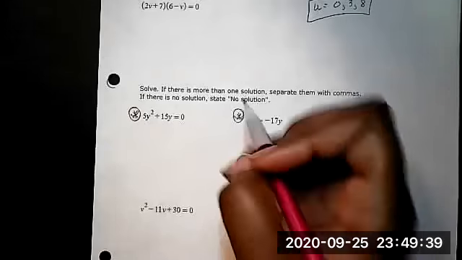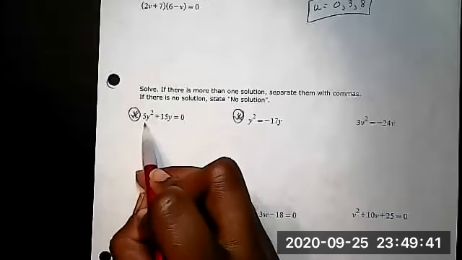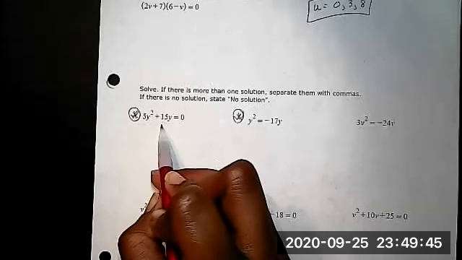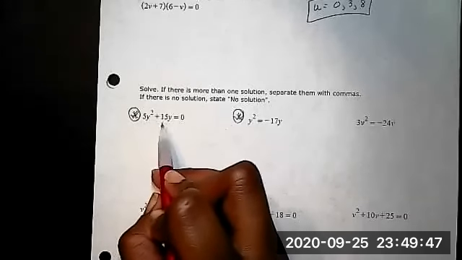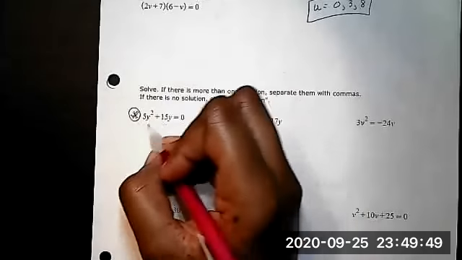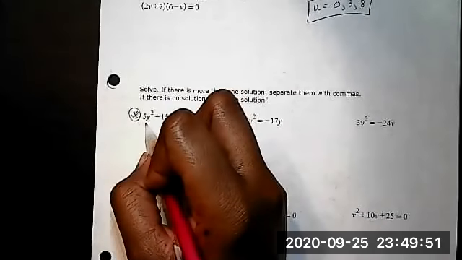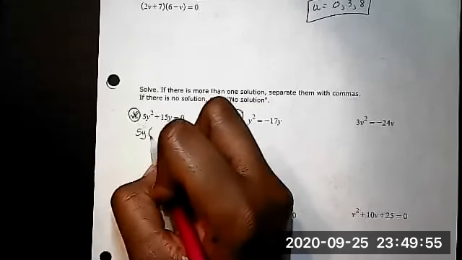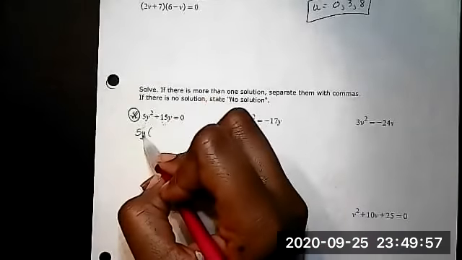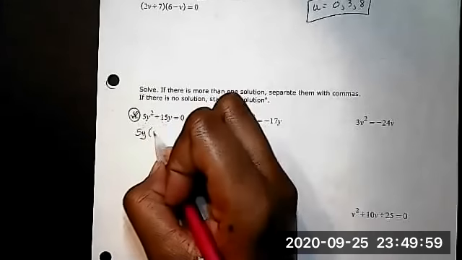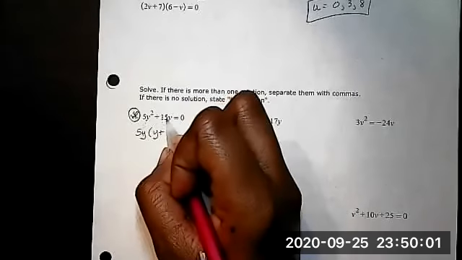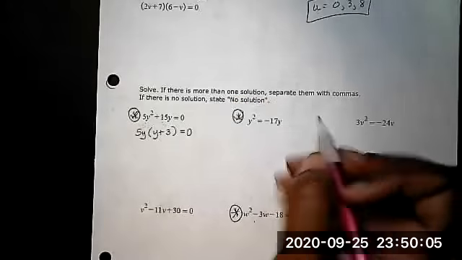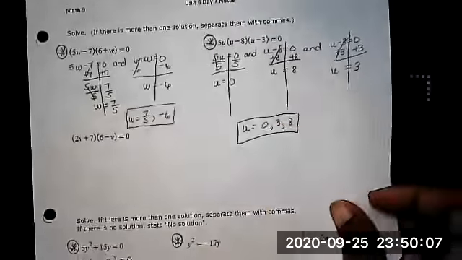So let's first look here. Can we take out a greatest common factor? That's usually the first thought process when you talk about factoring. And in this case, it looks like it, because there's a greatest common factor between these two. There's 5 and there's y. When I took out 5y, what was left over? Just 1y here plus 3. So now I would do it like I did the one up here.